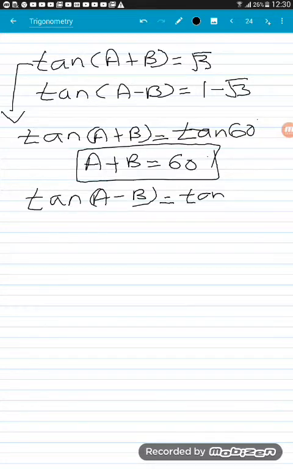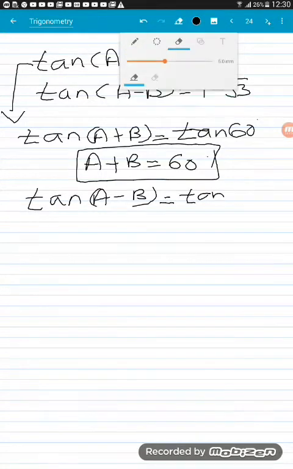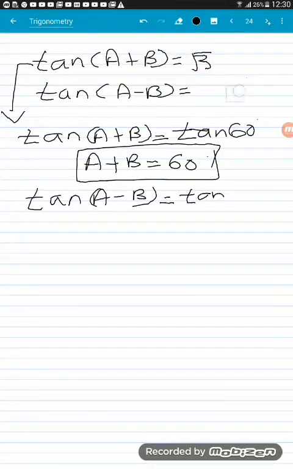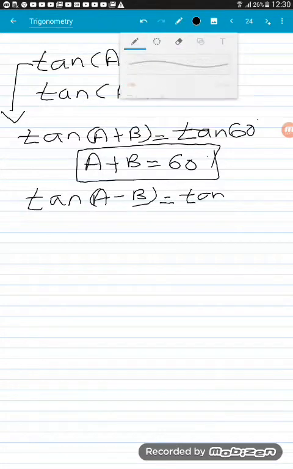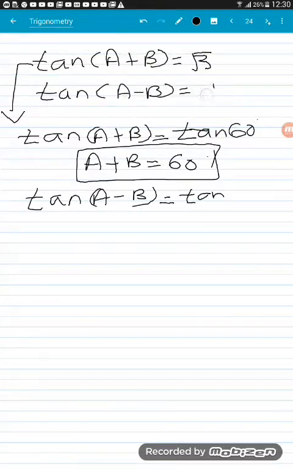So I think the question is wrong. It is 1 by root 3, not 1 minus root 3. As you know, 1 by root 3 is given in the textbook, 1 by root 3 is nothing but tan 30 degree.